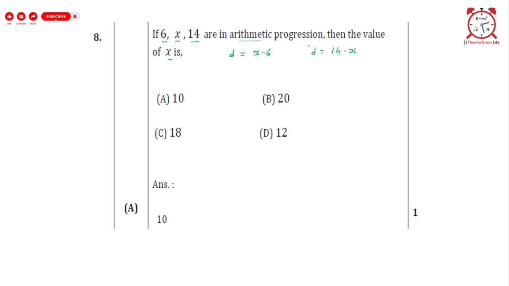We know that a common difference is always equal. So if we compare them, then x minus 6 equal to 14 minus x. After solving this equation, x plus x equal to 14 plus 6. So it gives us 2x equal to 20. So x equal to 20 by 2 equal to 10. So our answer is A, 10.